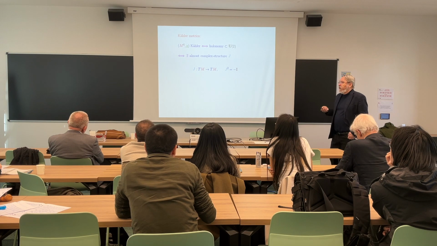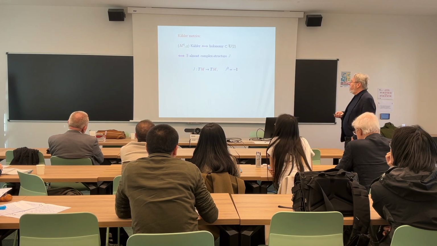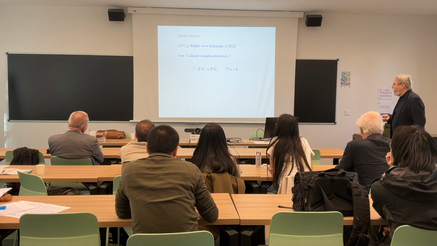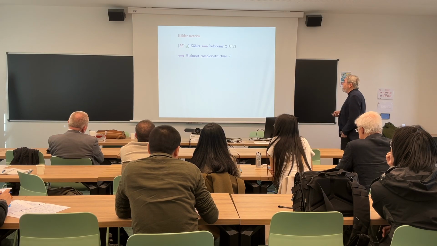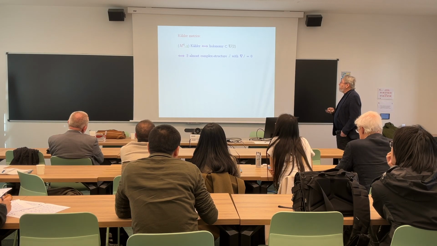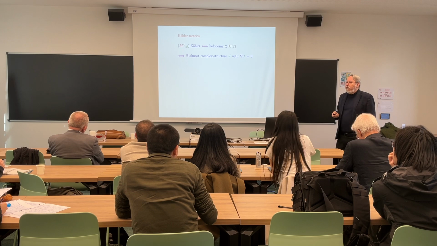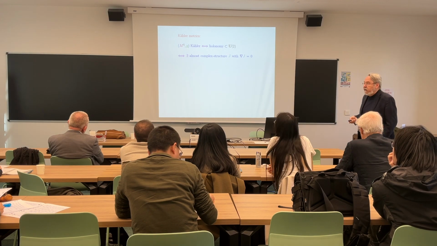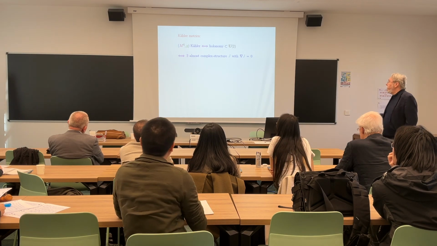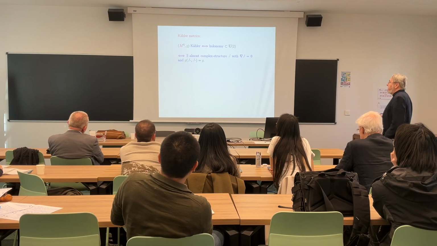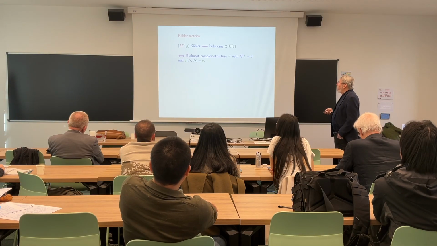So this is something that can be thought of as multiplication by i on each tangent space, which makes each real tangent space into a complex vector space. There's an almost complex structure with the property that it's invariant under parallel transport, or equivalently, that it has covariant derivative 0.